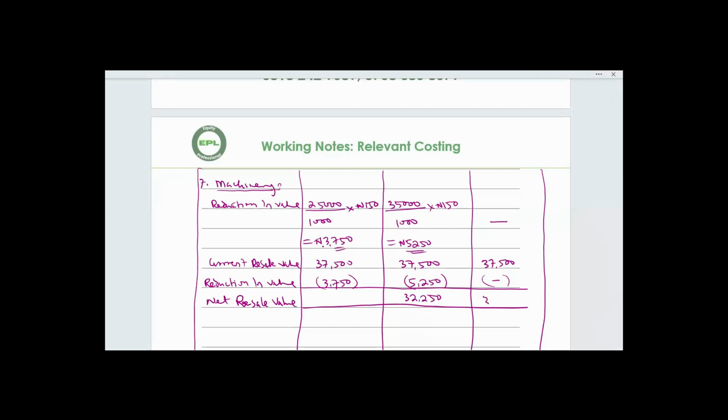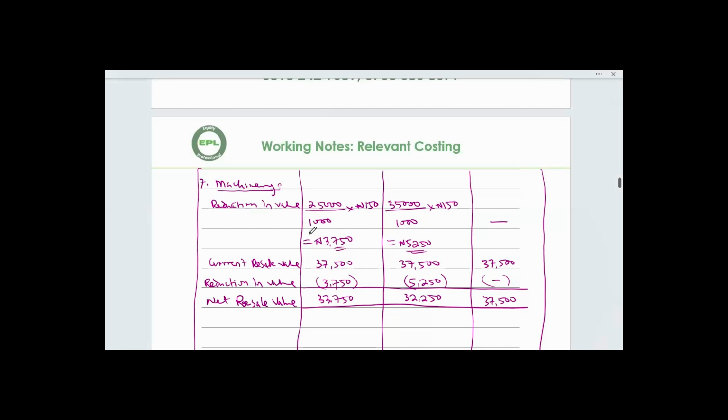Here is 37,500. Then here is 37,500 minus 3,750 equal 33,750. So that's the net resale value that the company will earn from the disposal of the machinery.